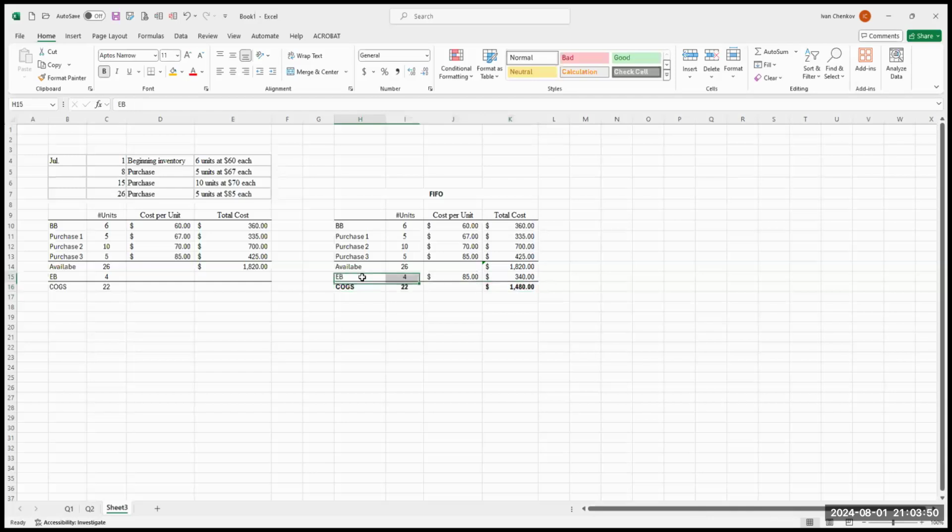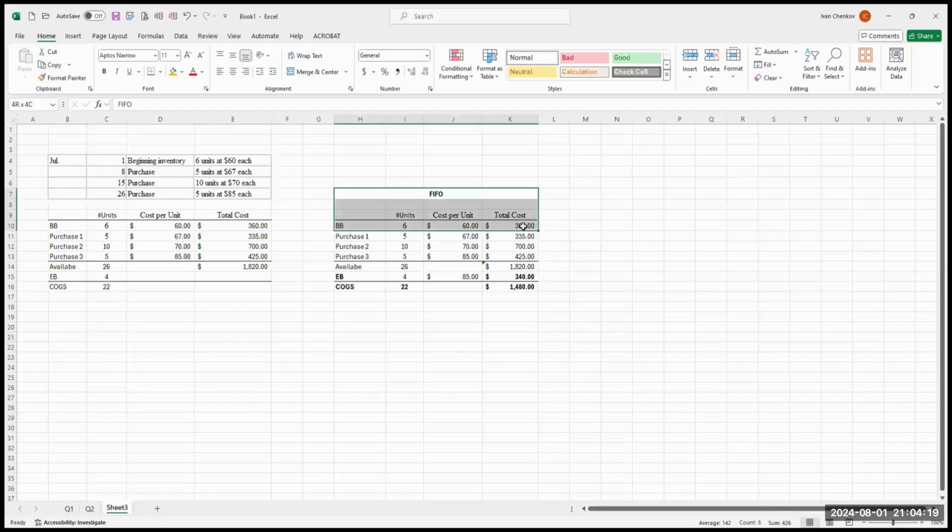And my problem here is solved. I get my cost of goods sold and I get my ending balance, both of those available for me under first in, first out. Why? Because those two together give me what I have available, $1,820. That's if I use first in, first out.